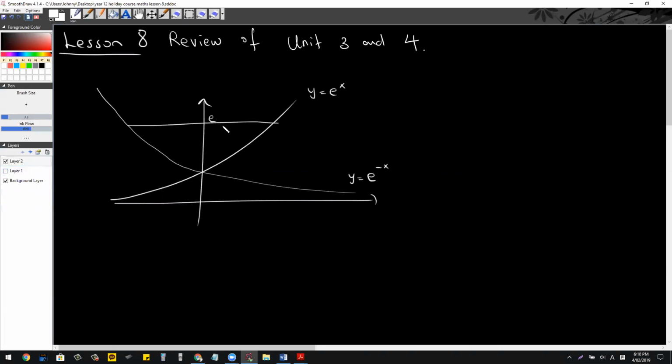And this one is e, right? And this one is negative 1, and this is 1. So we can flip this equation into x equals ln y, right? And this one is x is equal to negative ln y. Is that right? Yeah, that's right. So we have two things.